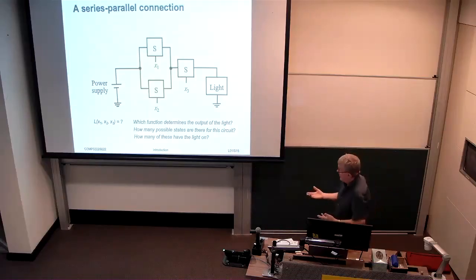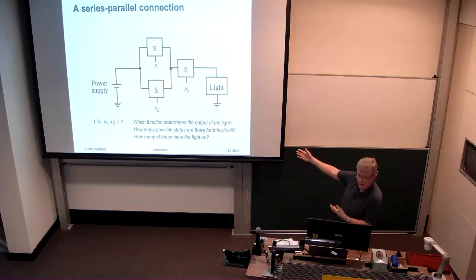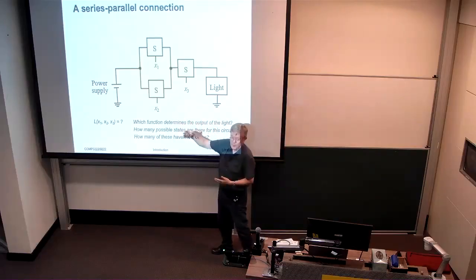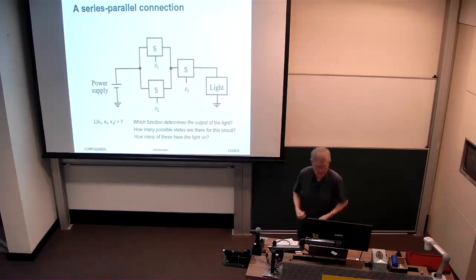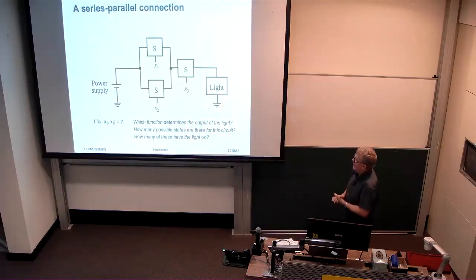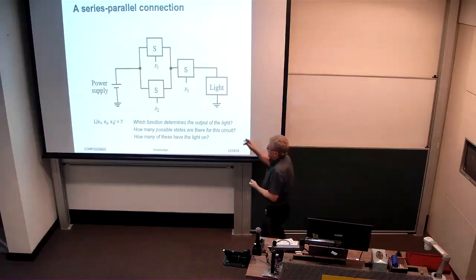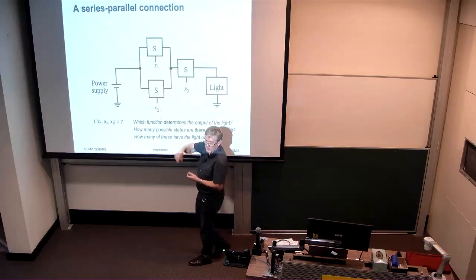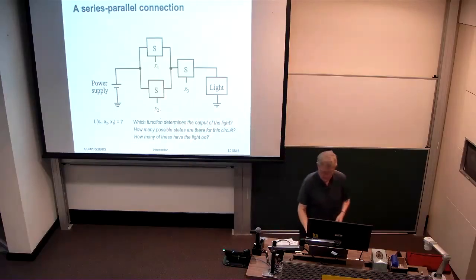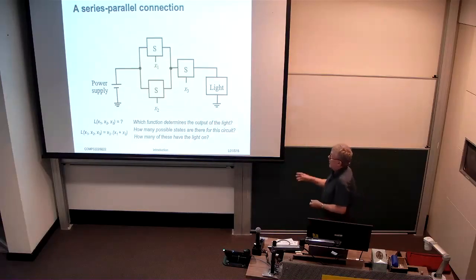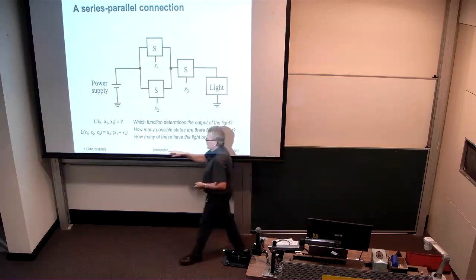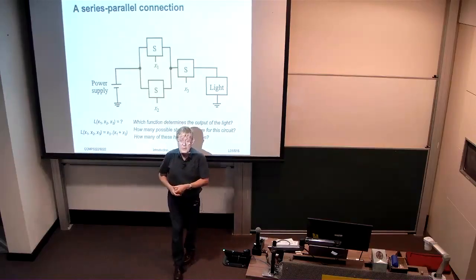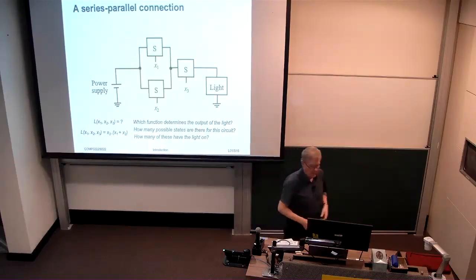So I hope you can see that in order for the light to go on here, we have to have X3 closed, because if it's open, there's no way you're going to have that light turning on. But on top of that, we have to have at least one of these 2 switches to be closed as well. So that means that we need to express this function as X3 and the logical OR of X1 and X2, right?